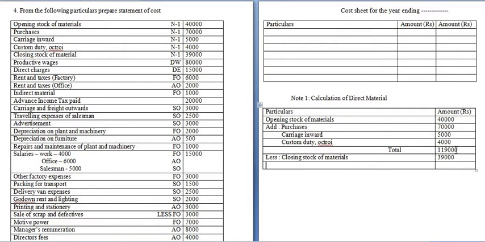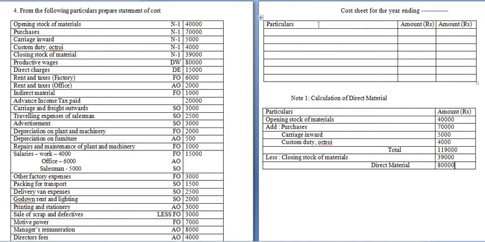Okay, now this balance will be called direct material. Okay, find out the balance. That balance is 80,000. Understood? Okay.